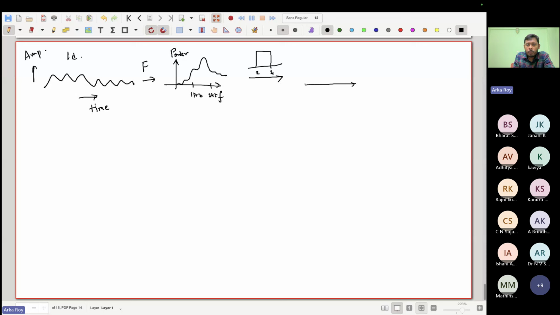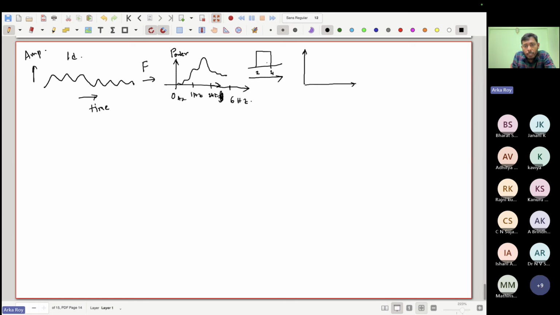What will happen if I pass it through a band pass filter of 2 Hertz to 4 Hertz? What will happen? Let's say originally the frequency was ranging from 0 Hertz to 6 Hertz.